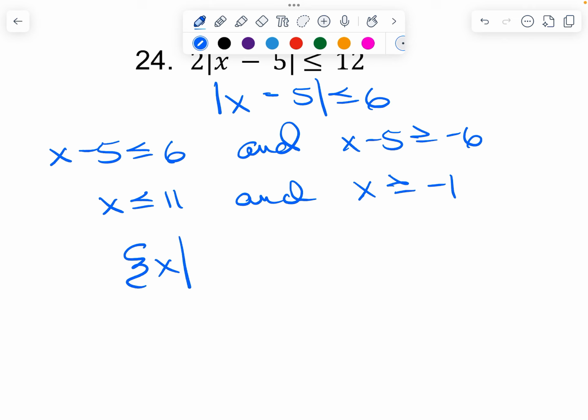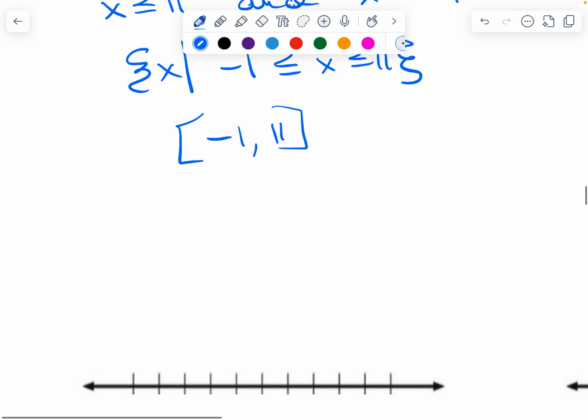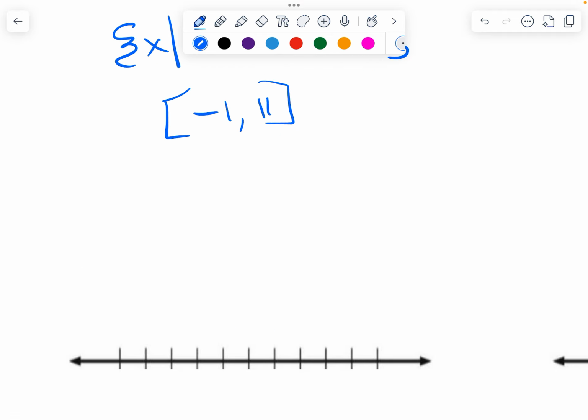So the smallest number here is negative 1, and the biggest number here is 11. So it goes from negative 1 to 11, including both. So negative 2, 0, 2, 4, 6, 8, 10, 12, 14. So it goes from 11 to negative 1, and it's all the information in between.